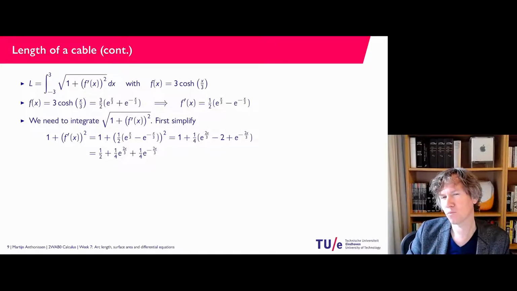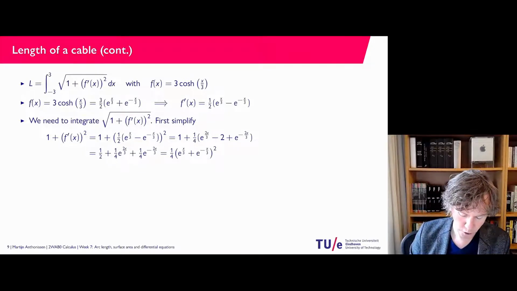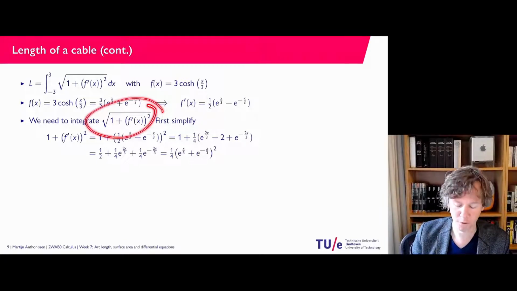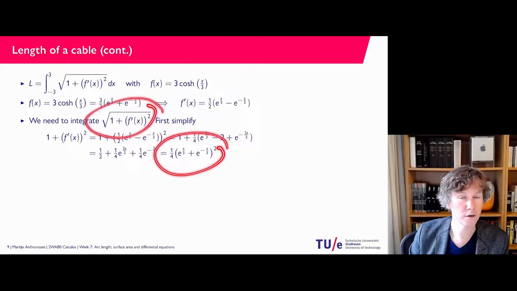And then there is one additional step, because you have to recognize that you can write this as a square again. So what I do is I pull out a 1/4 and then note that you can write it as this thing squared. Why do I do that? Well, I need to have the square root of the whole thing, and the square root of a square, as it says here, that's easy to find.